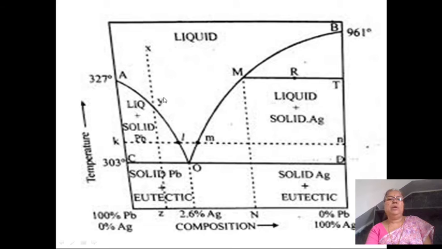And as already you know, suppose this is a Y point and this is an X point. At this X point we have a molten mass, a homogeneous liquid of lead and silver, and we cool this composition without any change up to this temperature.